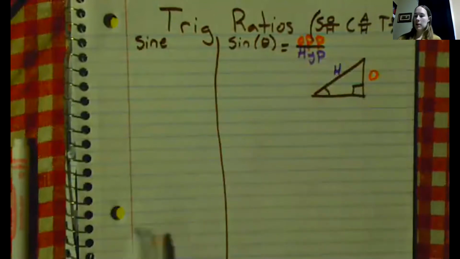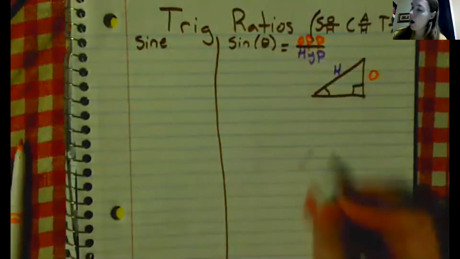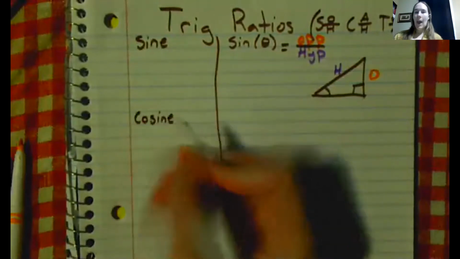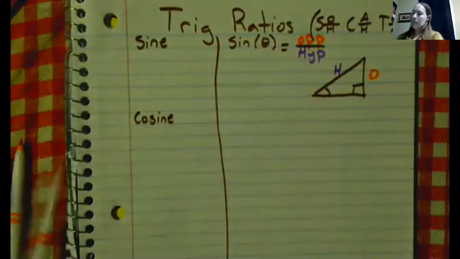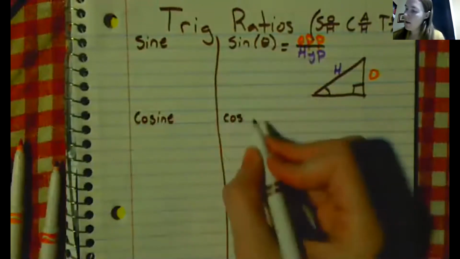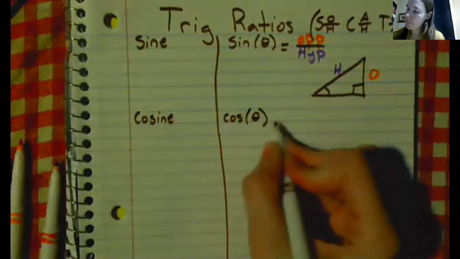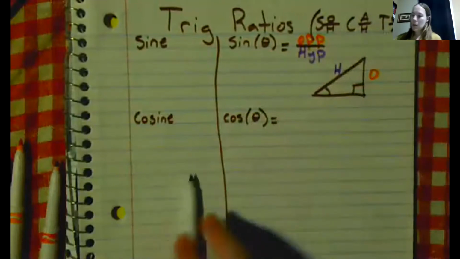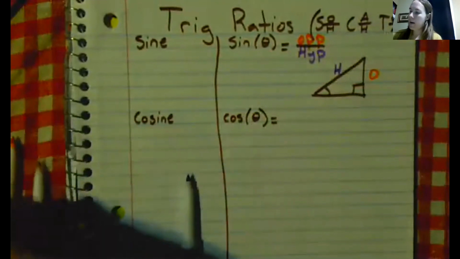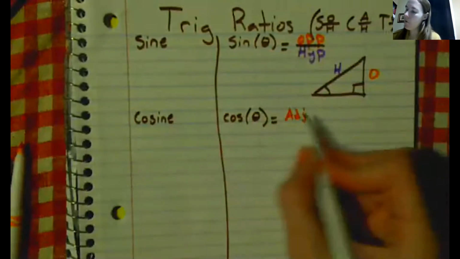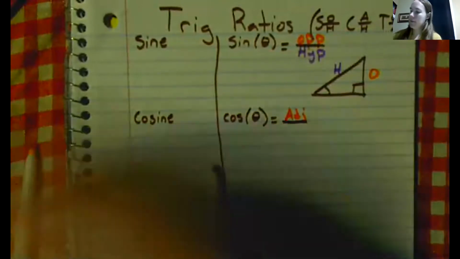The next one we learned about was our cosine. And what that looks like is cos for cosine of theta equals, so that was SOH, this is CAH, so it will be our adjacent over our hypotenuse.